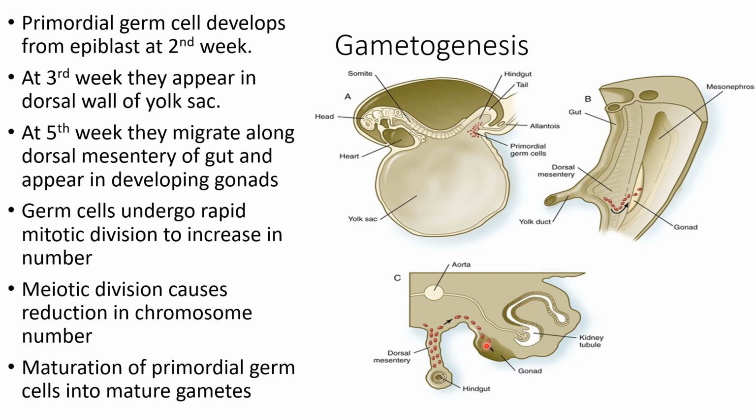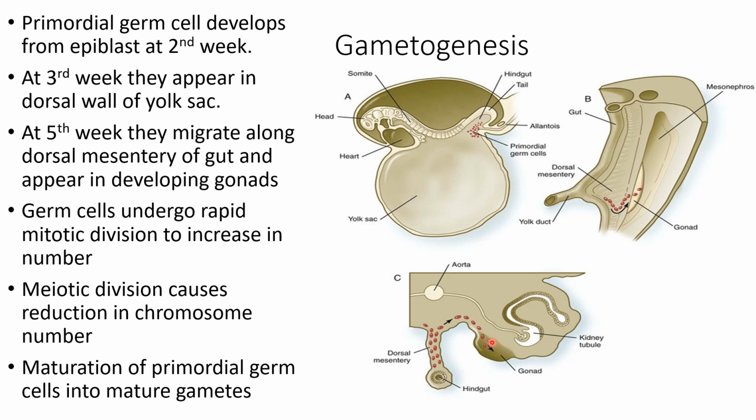Okay, so what we have seen till now, there is development of primordial germ cells from epiblast. They will first migrate into the dorsal wall of the yolk sac at third week, then they will reach the dorsal mesentery. From the dorsal mesentery, they will migrate into the developing gonads by fifth week. After reaching the gonads, they will undergo mitotic division to increase in number, and then meiotic division so that there is reduction in the number of chromosomes.